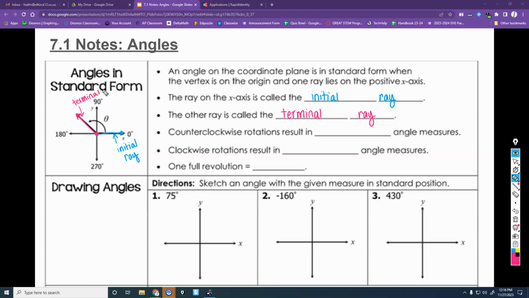The angles on the xy axis are going to go counterclockwise. So that's the opposite direction of a clock. So counterclockwise rotations result in positive angles, and clockwise rotations will result in negative angles.